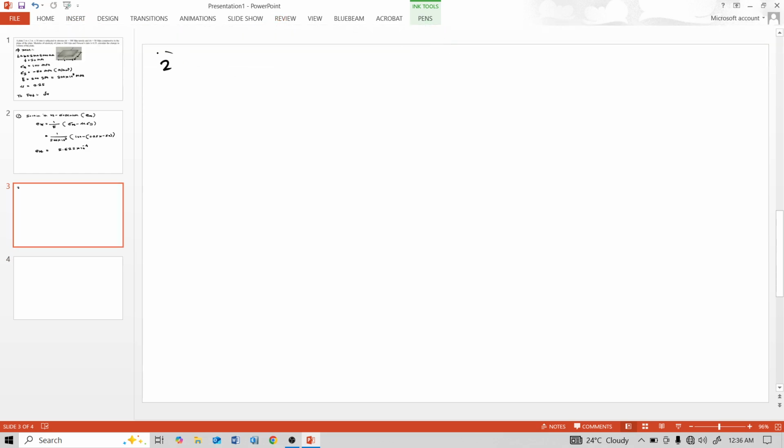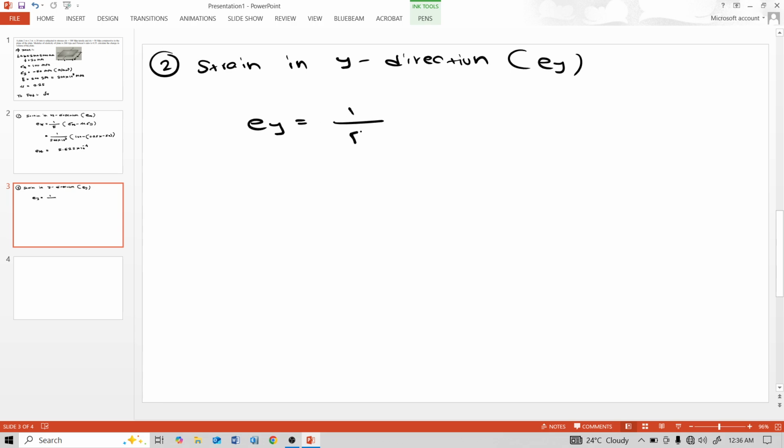Next, calculate strain in y direction, Ey. Strain in y direction formula is 1 upon Young's modulus into stress in y direction minus Poisson's ratio into stress in x direction.